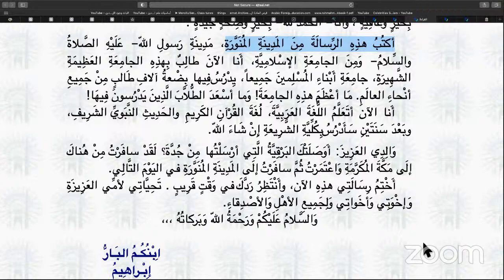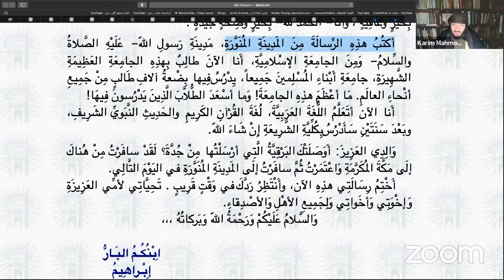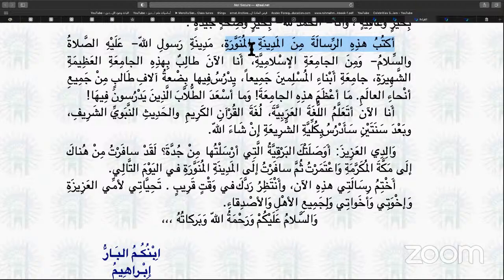So اكتب means write, and أكتب means I write. أكتب هذه الرسالة. I write this message, this letter from the city of Medina, the Messenger.